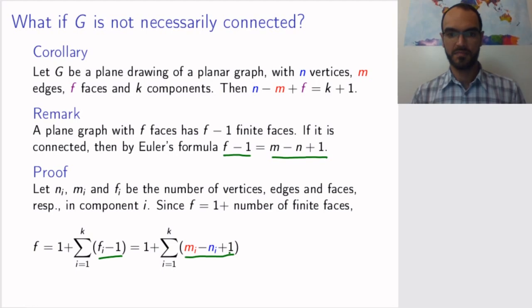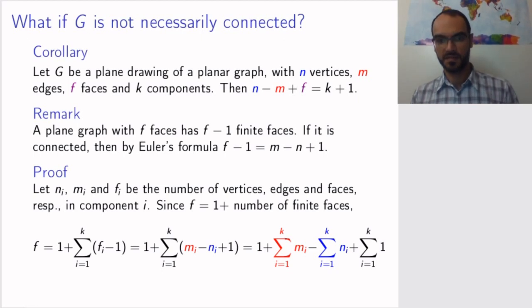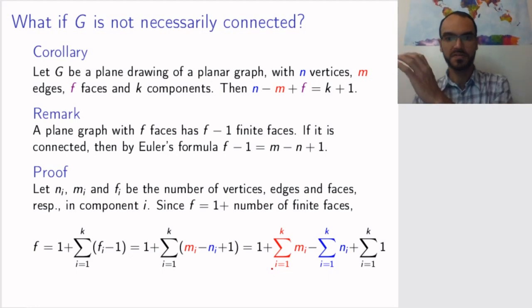The rest is the same. And now let's simplify this sum, or just write it in a different way. So this is our sum: 1 plus the sum of the numbers of edges in all components, minus the sum of the numbers of vertices in all components, plus the sum of the number 1. The number of edges in the total graph comes from each component, right?